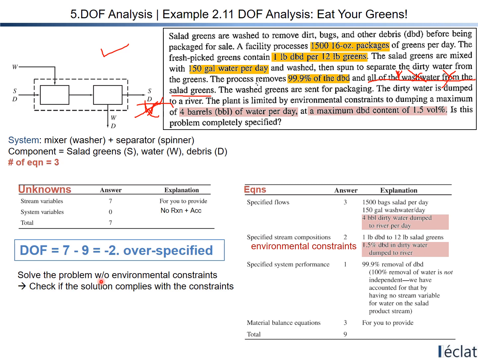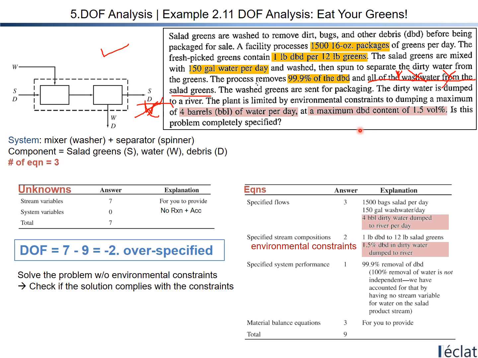Solve the problem without environmental constraints. So you don't need to think about this one, 4 barrels of water per day at a maximum debris content of 1.5 volume percent, and then calculate the whole process. Then you could evaluate the amount of wastewater plus the waste concentration. Then check if the solution complies with the constraints. If the values you have obtained from your calculation are smaller than those two environmental constraints, then you are very safe.